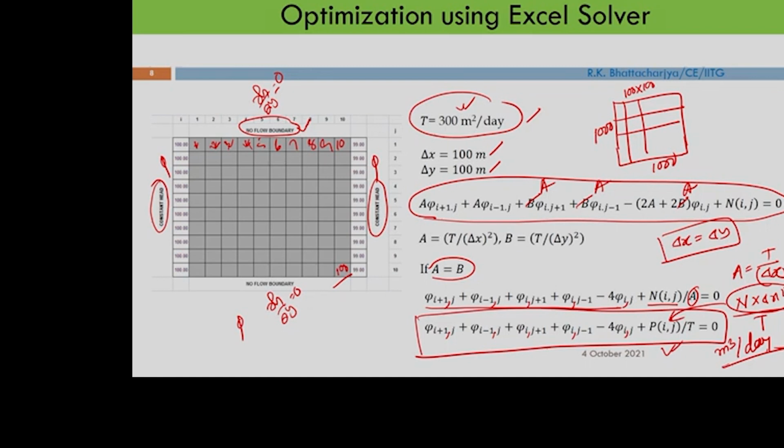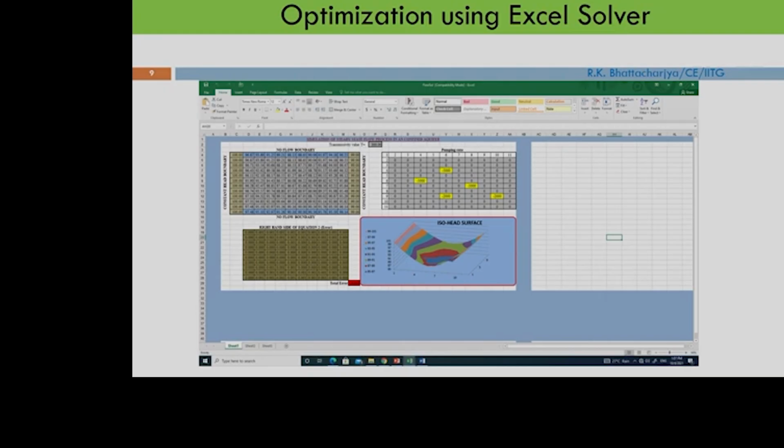I will also explain, so I will directly go to Excel, and I will show you how you can solve this particular problem using Excel solver. So this is the Excel, this is the solution of this particular problem.